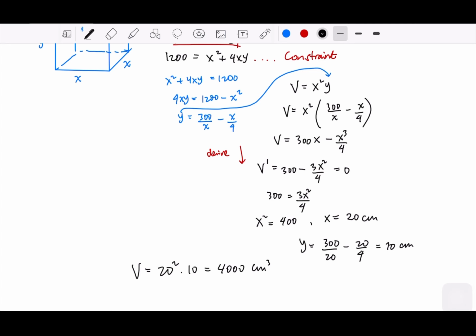So the important thing is to make it into one variable, and then take the derivative, and make it equal to 0, and you will get your critical point, which gives the maximum.